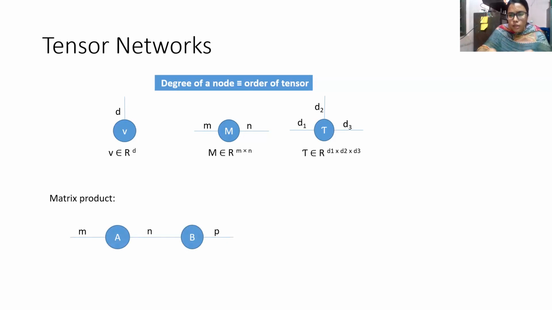We already discussed how the matrix can be multiplied, but here we'll talk about how, when two or multiple nodes are connected, the product actually works. As you can see, here are two matrices, A and B, with two different open edges, but they have a connected edge, right? What is this called in tensors?